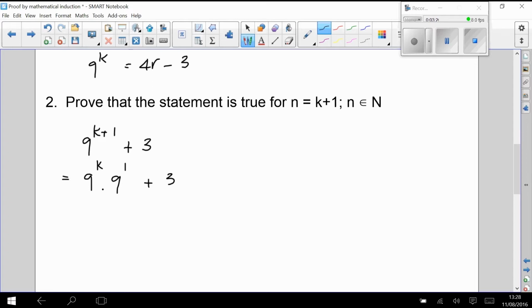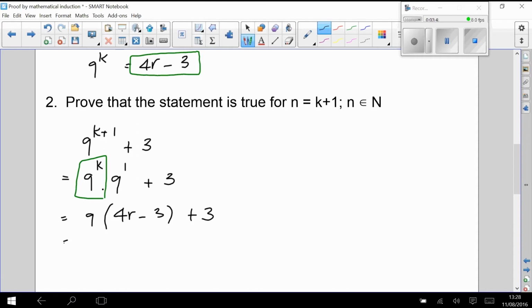Can you see that now I can actually take the information that I've got over here from my assumption, and put that in the place of 9 to the k. So in my next step, I'm going to say that that is actually the same as 9, which is now my coefficient, all times 4r minus 3, and then still plus 3.